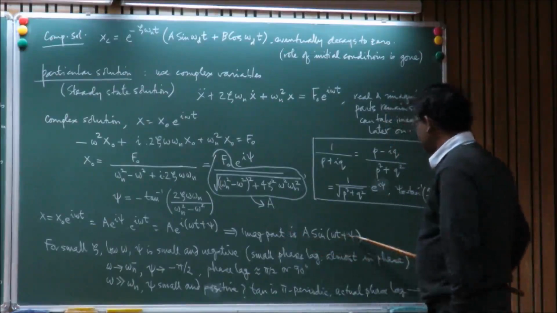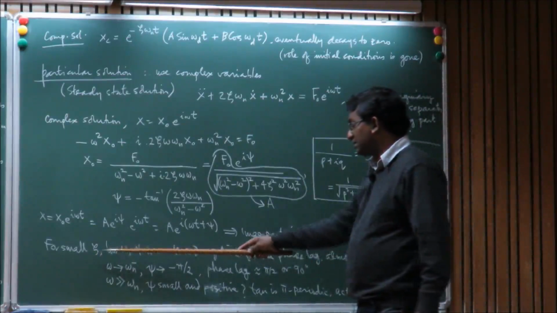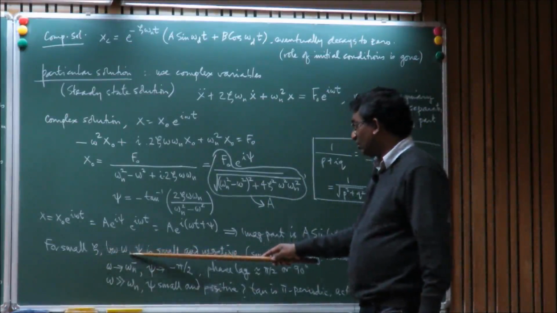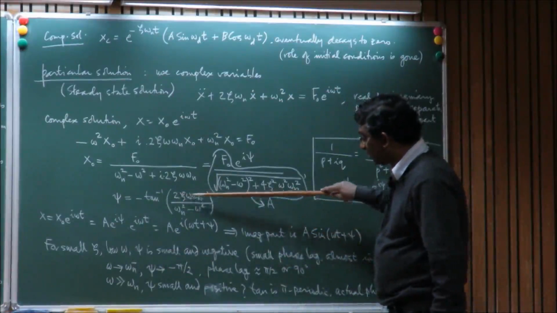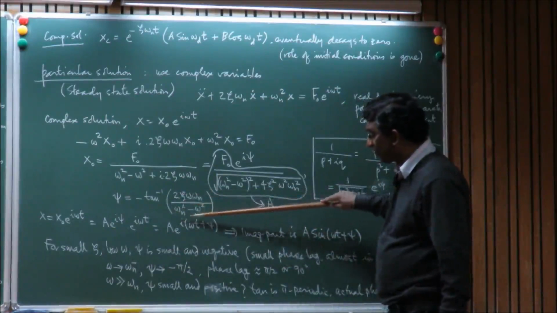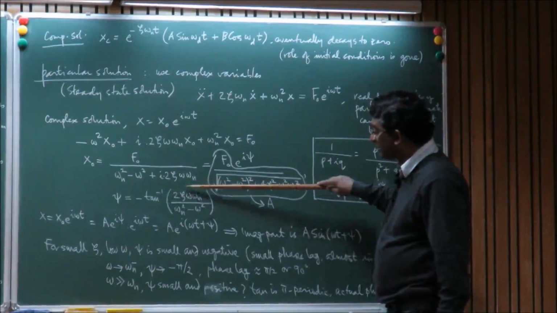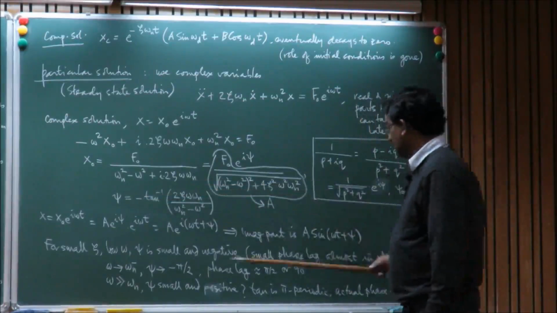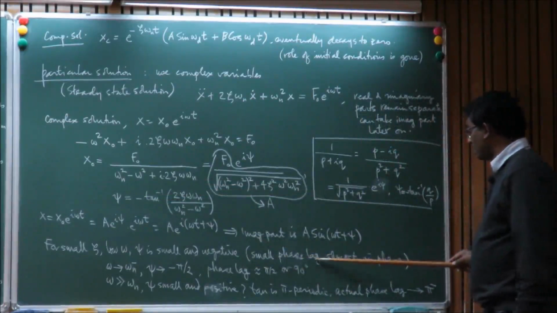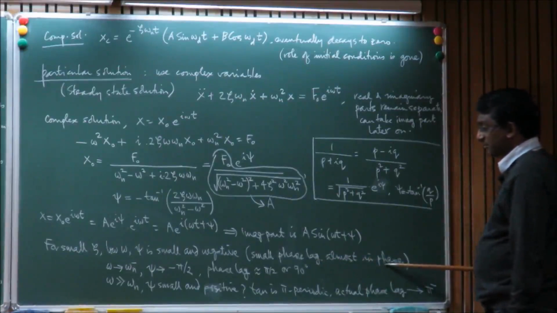Let's look at the phase first. For zeta small, that means light damping, and low omega, the numerator is positive but small. Omega is low, so the denominator is just some number, not very small. The tan inverse of a small number is just some small angle, with a negative here. And so there is a small phase lag, and the response is almost in phase with the forcing.